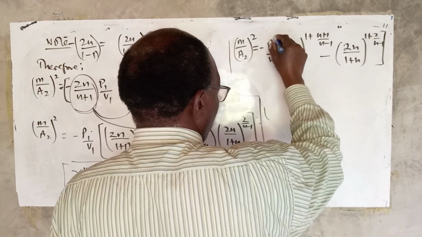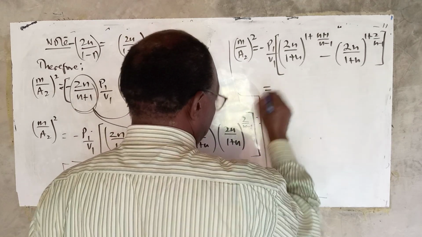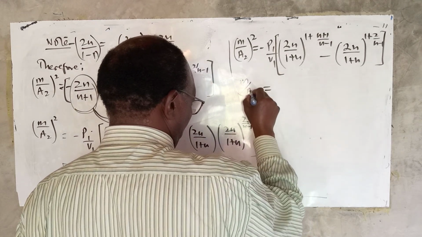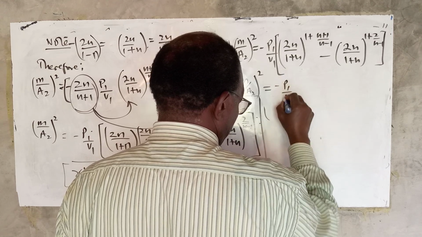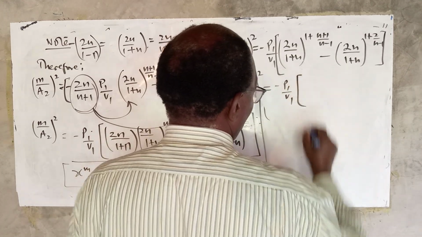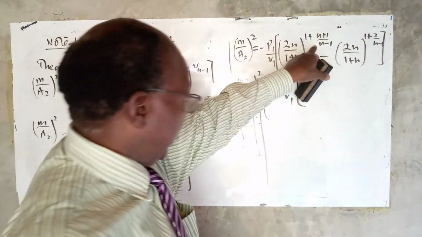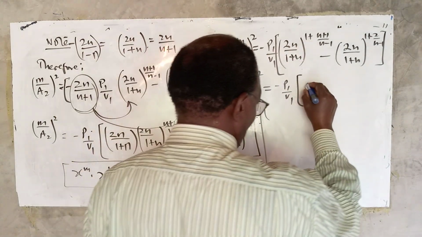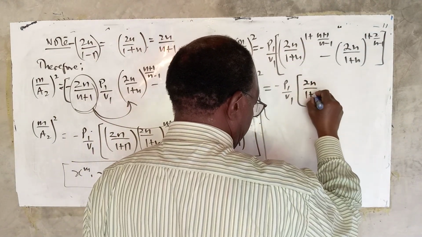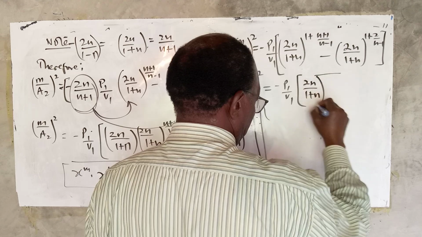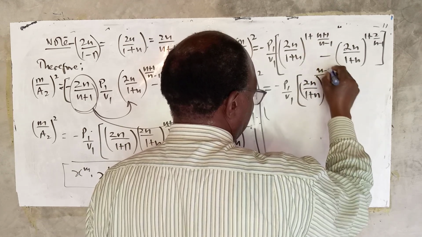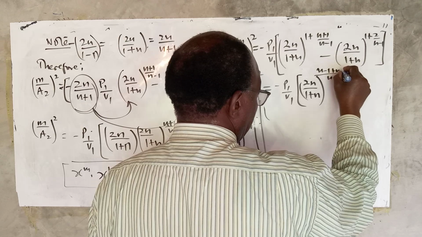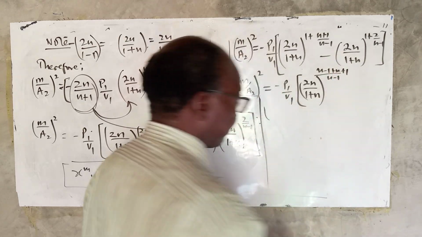So let's solve this quantity. So m over a2 squared will be minus p1 over v1 into, take the LCM, n minus 1, so it will be 2n over 1 plus n, LCM n minus 1, it will be n minus 1 plus n plus 1.